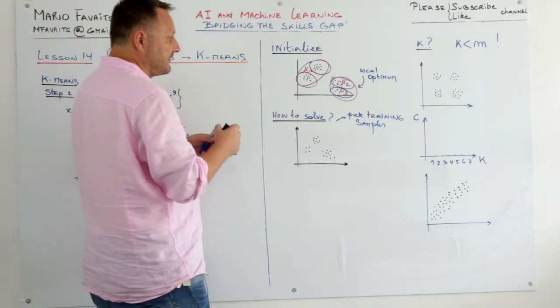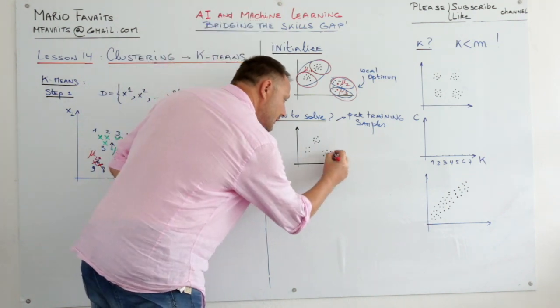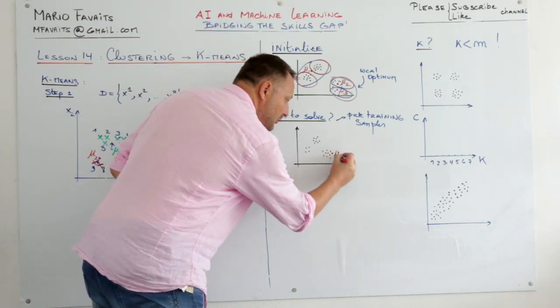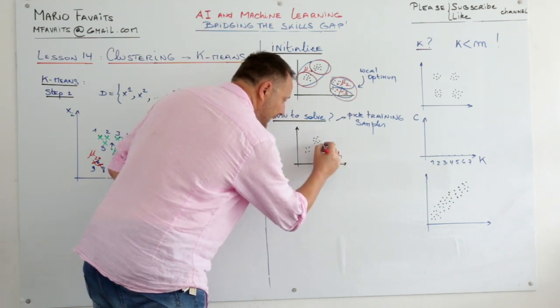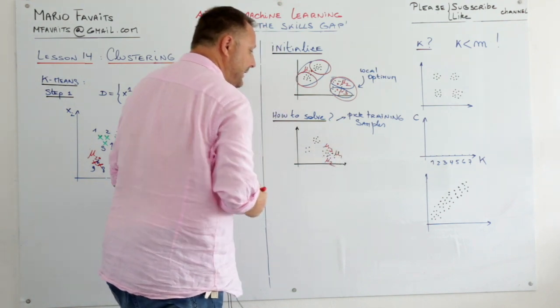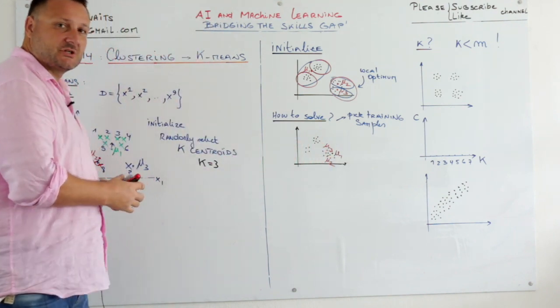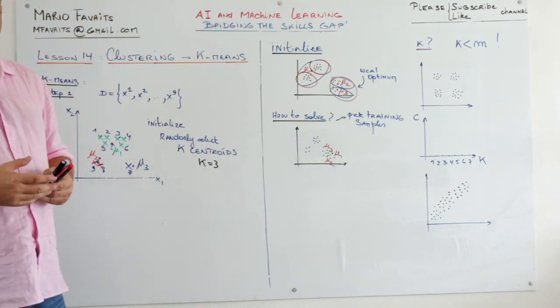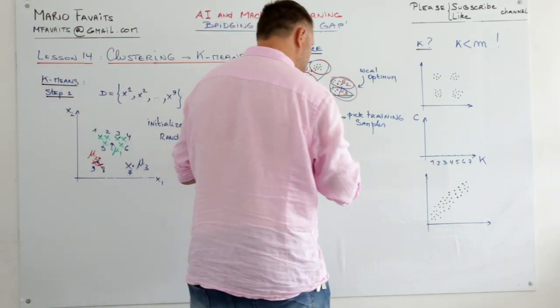Because you could still initialize, for example here, mu_1, mu_2, and mu_3. If you pick training points, this could be the situation. And this is also not something that you want. So picking training samples is one option.